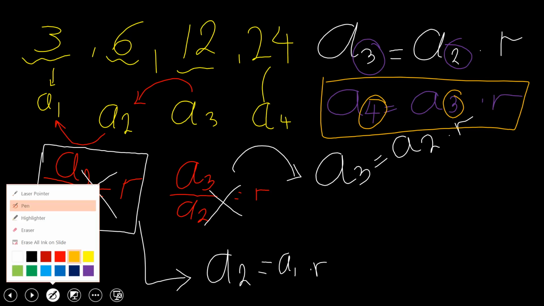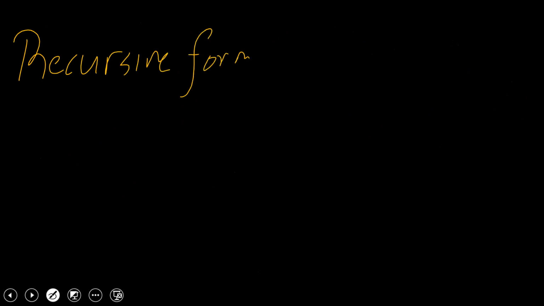So this one we call a recursive formula. If I want to find a sub 5, as an example, I will say this is a sub 4 times r.